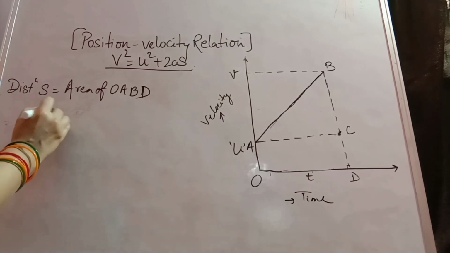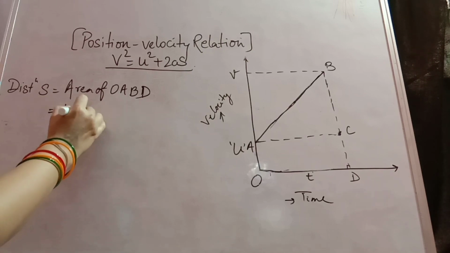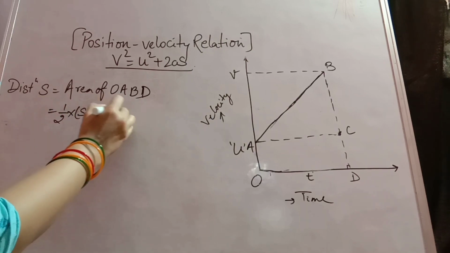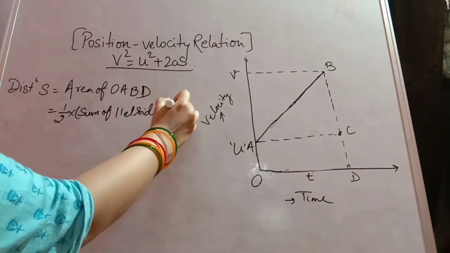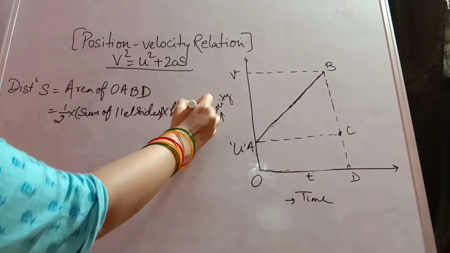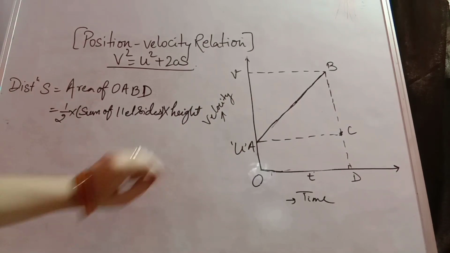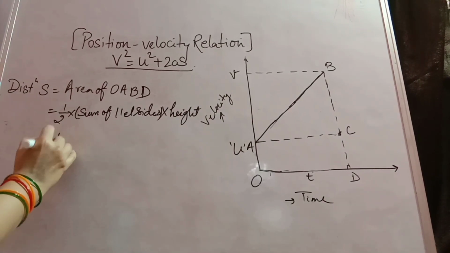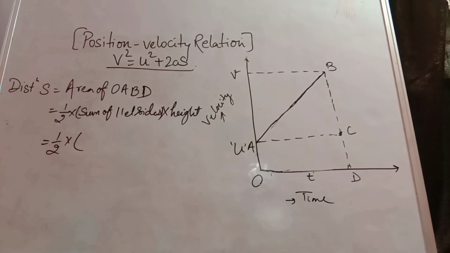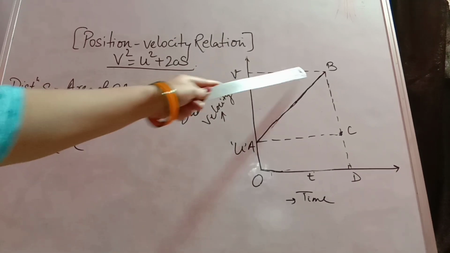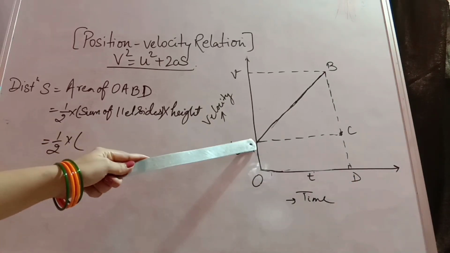Write the formula: 1 by 2 into sum of parallel sides into height. This is the formula of area of trapezium. Which two sides are the parallel sides in this trapezium? The first is BD, then AO.